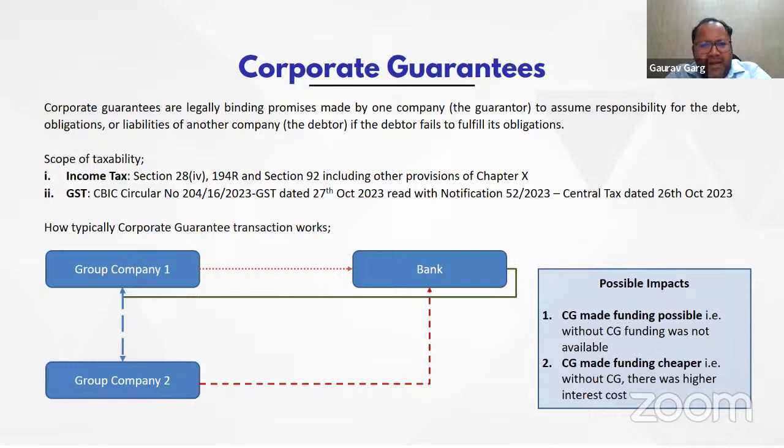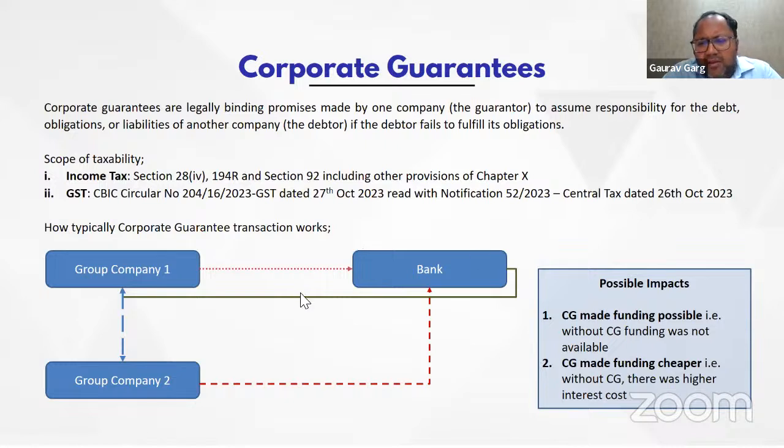Now, the possible impact of this corporate guarantee. One, let's say, without the corporate guarantee, funding is not possible. When group company 1 visits the bank, the bank simply says, we will not give you the loan unless you furnish a corporate guarantee from one of the group companies which has a good credit rating, maybe the parent entity.